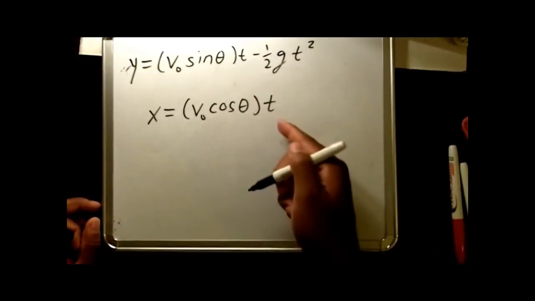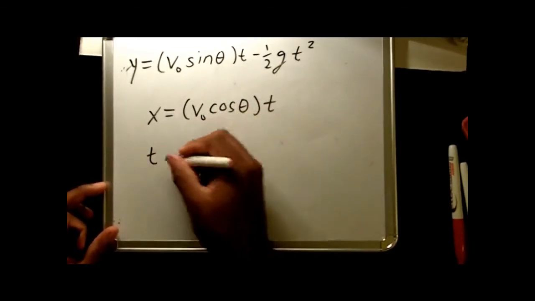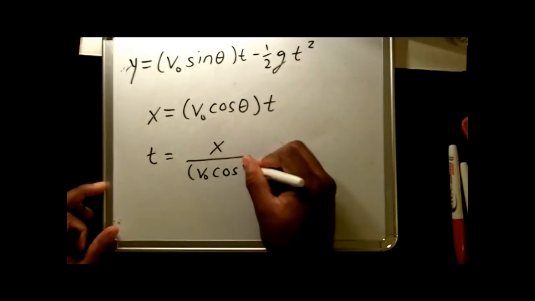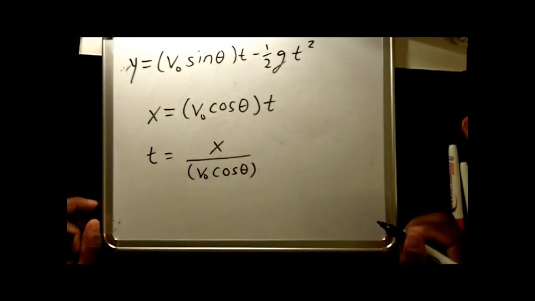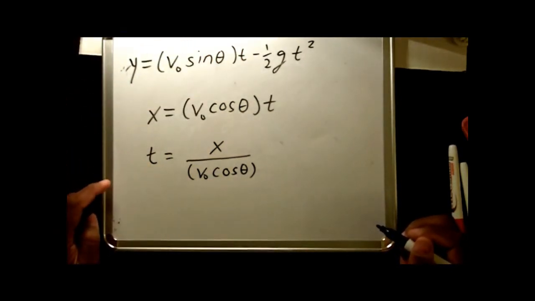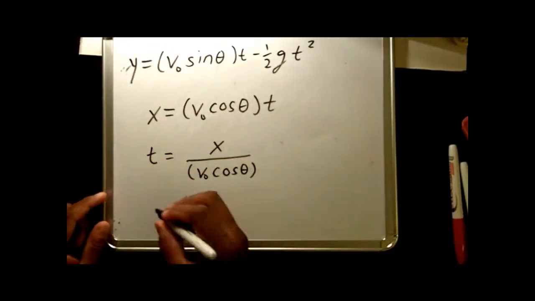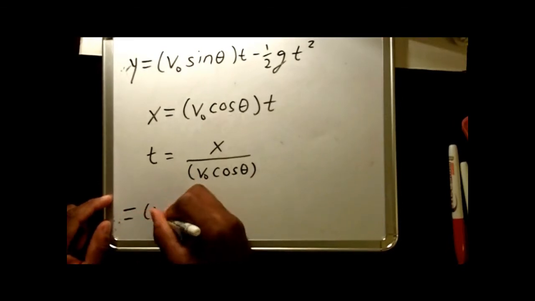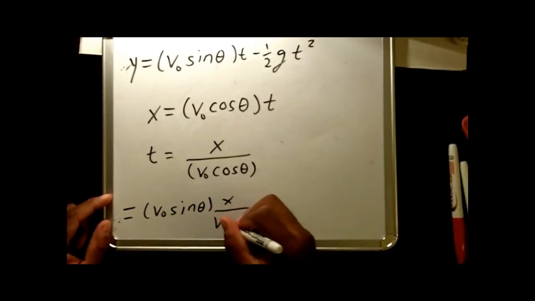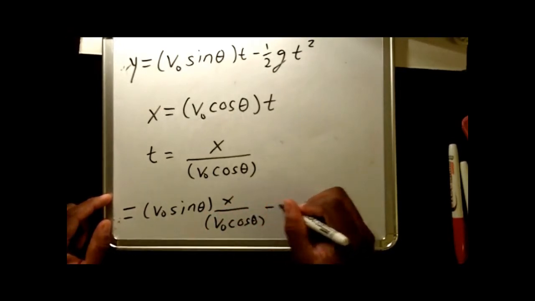So if we do a little bit of algebra, we can just divide by this right here, and we'll get this. Now we can replace this t with this. And if we replace this t with this, we will get this equation times minus 2g.